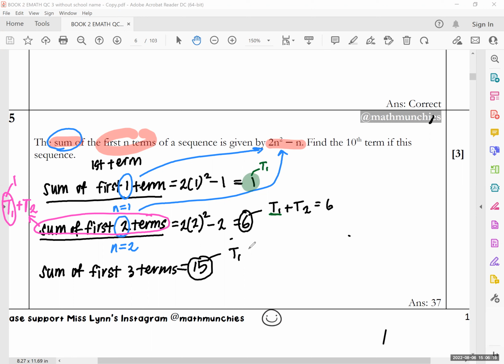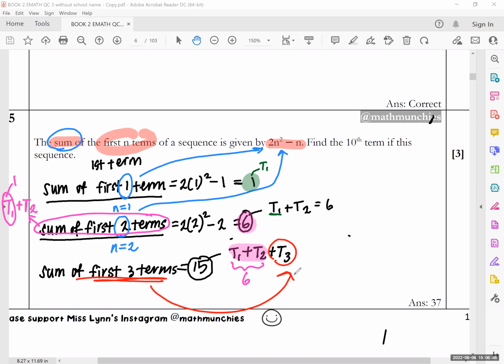T1 plus T2 plus T3 gives me 15. And the previous term, I have 6, right? And what does this 6 from the previous term mean? It is T1 plus T2, 6. So from here, in the first 3 terms, I can find the third term, right?